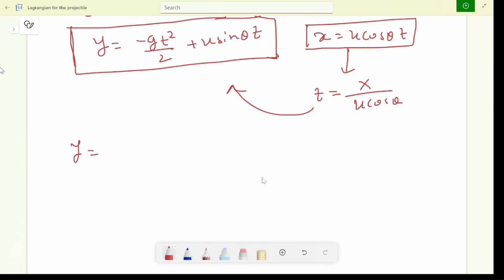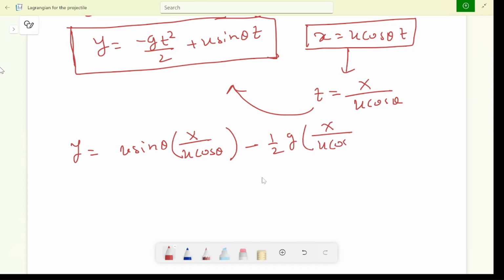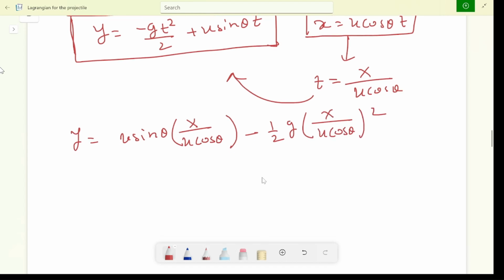We're going to get y is equal to u sine theta, x by u cos theta, minus half g x by u cos theta whole square. So this is just going to be u sine theta by u cos theta, and of course x, minus 1 by 2 g x square by u square cos square theta.